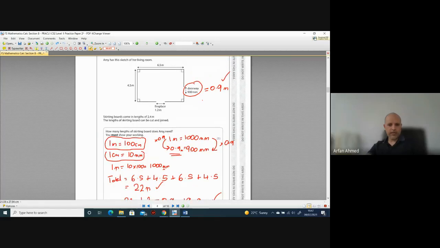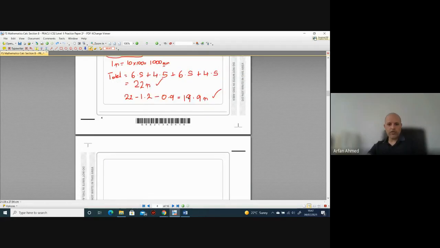What's next? They're asking how many lengths of skirting board does Amy need? Right. So how many lengths? Well, each length is 2.4. So how many 2.4s go into that? How many 2.4s go into that will tell us how many lengths. So let's do 19.9 divided by 2.4.